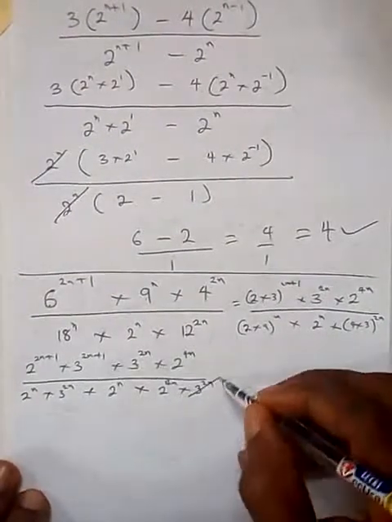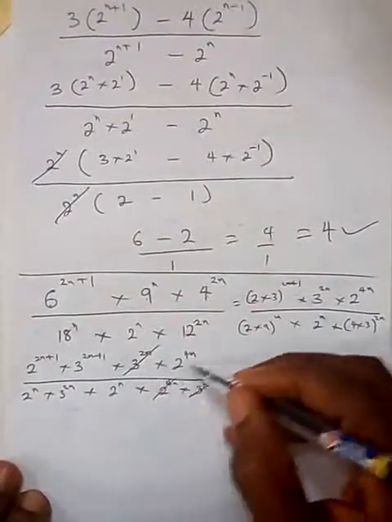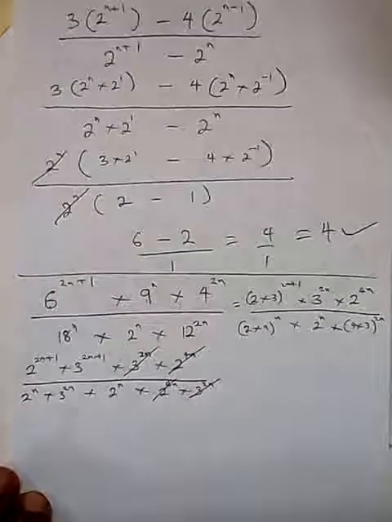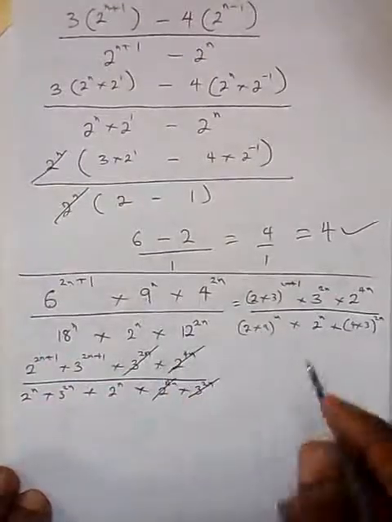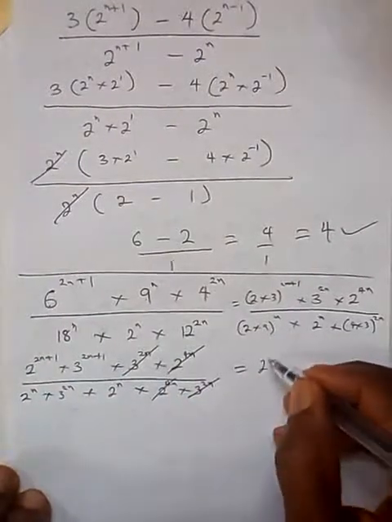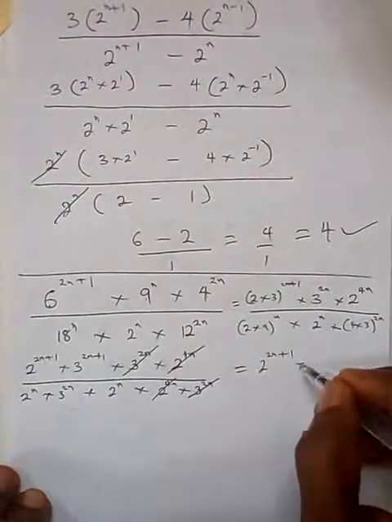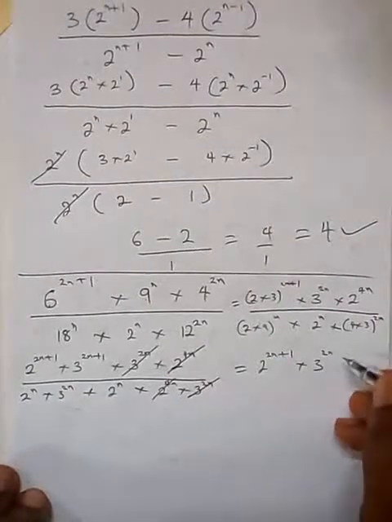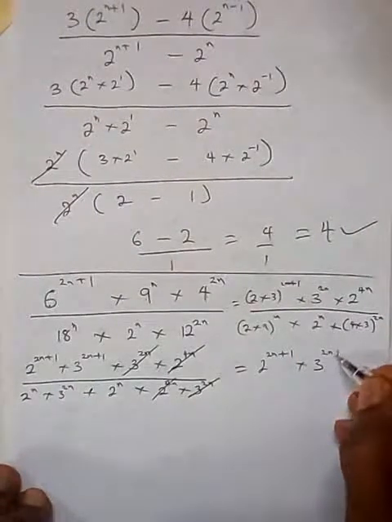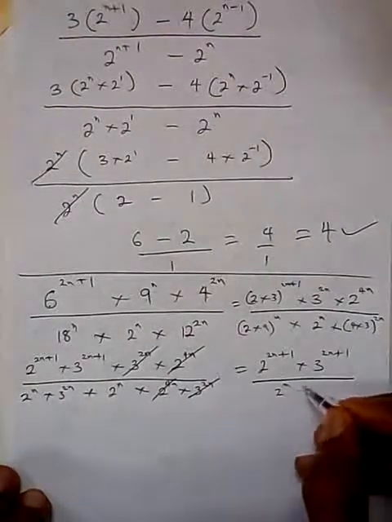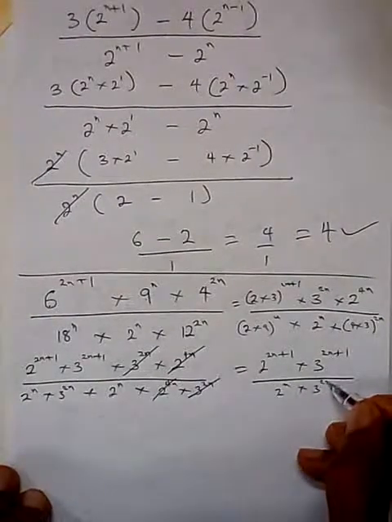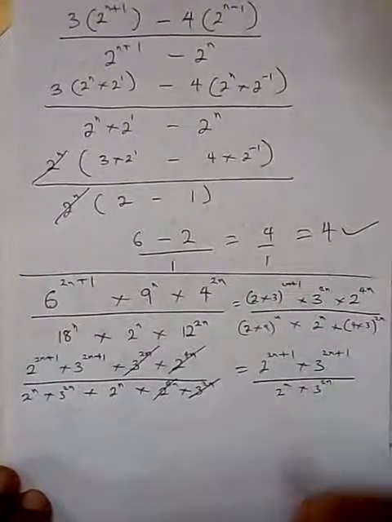Can we cancel? Yes, this takes care of this. This takes care of that. Okay, I see we can still proceed. So it's going to give us 2 raised to the power 2n plus 1 times 3 raised to the power 2n plus 1 over 2 raised to the power n times 3 raised to the power 2n. 2 raised to the power n, so I can cancel that.